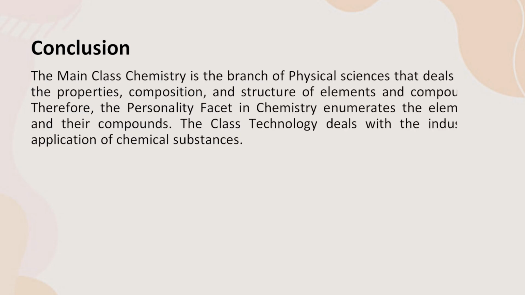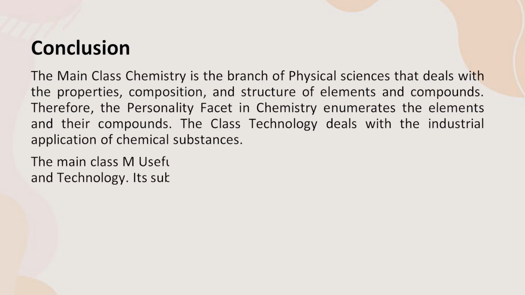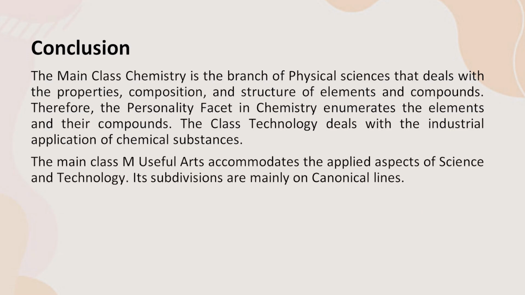The main class chemistry is the branch of physical sciences that deals with the properties, compositions and structure of elements and compounds. Therefore, the personality facet in chemistry enumerates the elements and their compounds. The class technology deals with the industrial application of chemical substances. The main class useful arts accommodates the applied aspects of science and technology.